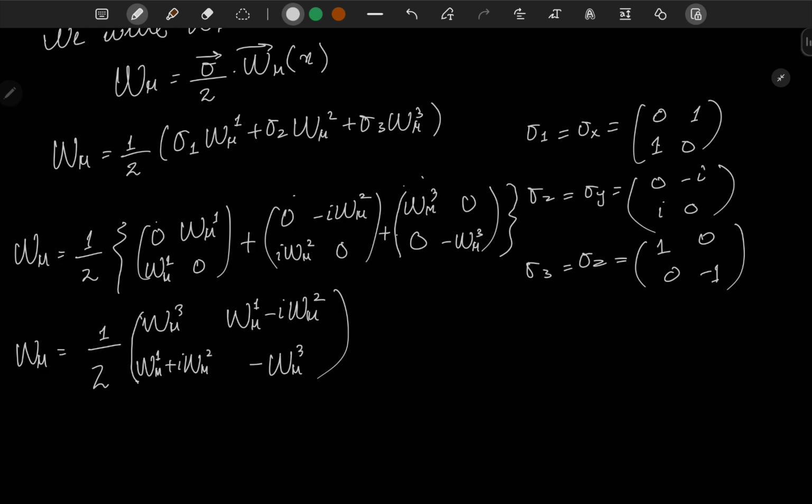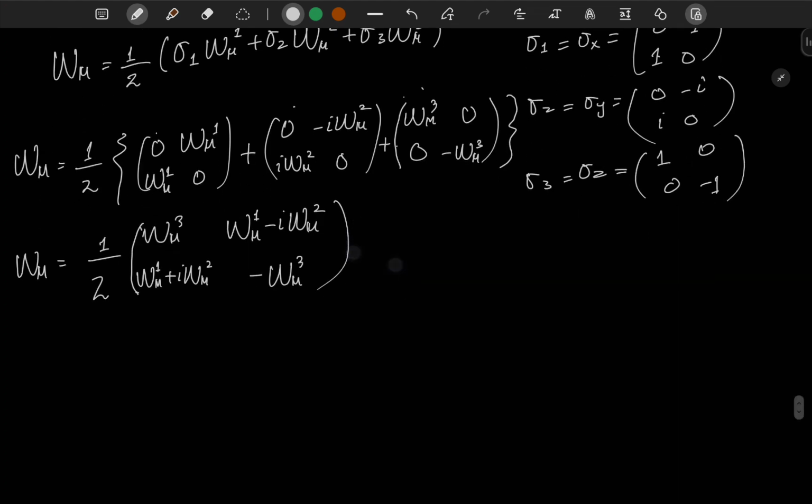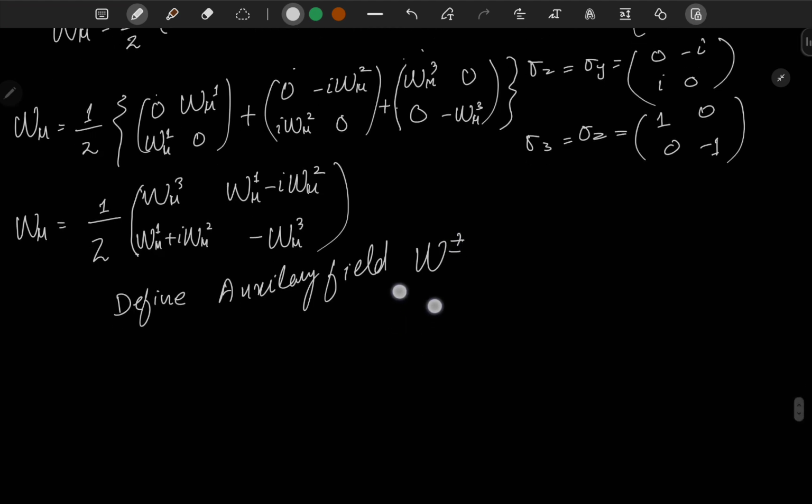Okay, so now I have W mu, like this, and now we are going to define auxiliary fields W plus minus, and these will be our physical fields.